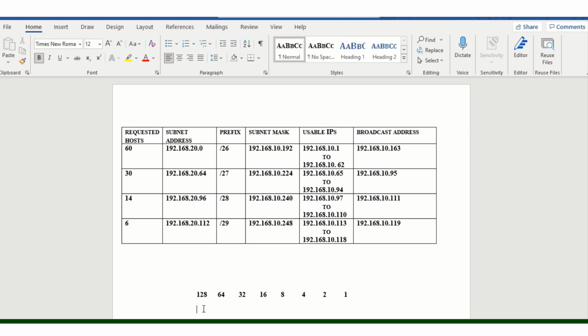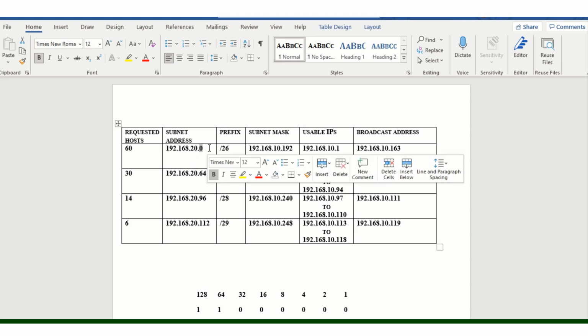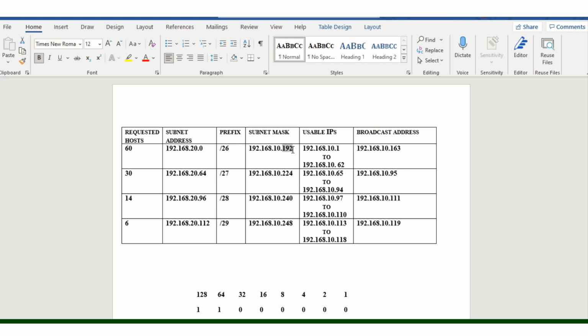When we add 2 bits to the network, the first 2 bits are 1 and the next bits are 0. So it will be 128 plus 64, which is 192. So the last octet value for this subnet mask will be 192.